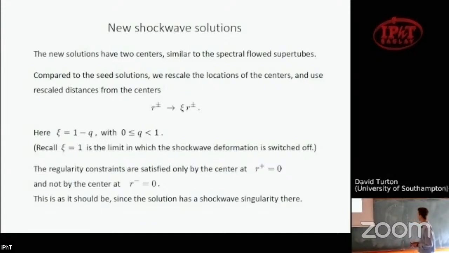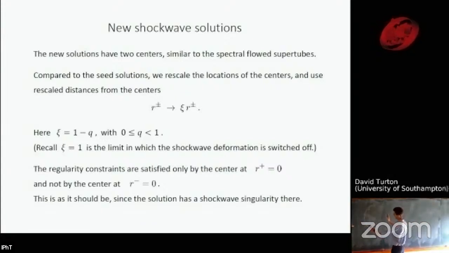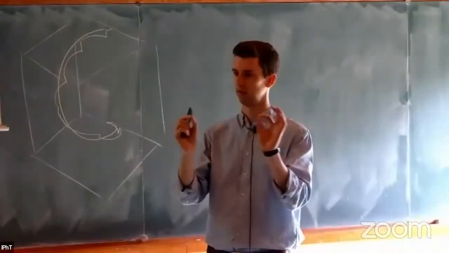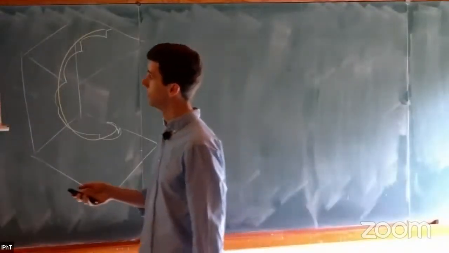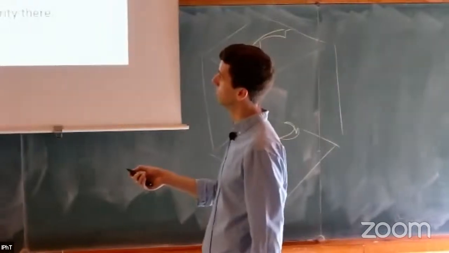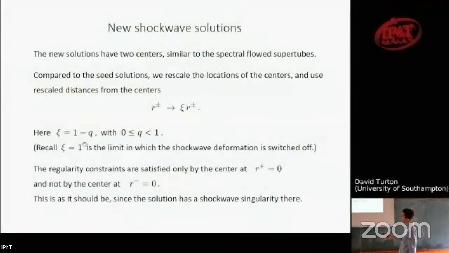And compared to the seed solutions, in the same way here that the whole solution shrunk down to a smaller size, we have the 2-center configuration, which has also shrunk down by some amount. And that's controlled by this parameter Xi, which is defined to be 1 minus Q, where Q is between 0 and 1, but strictly less than 1.